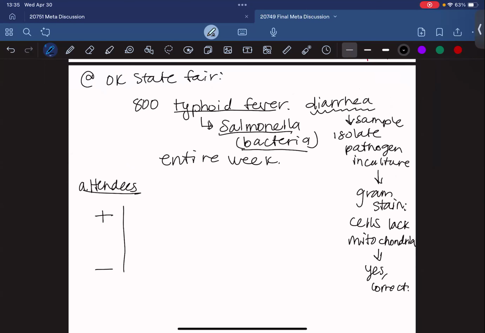We also took all of these infected people versus our uninfected people, and we asked them if they ate at the funnel cake place, the chicken place, the Indian taco place, or the hot dog stand.